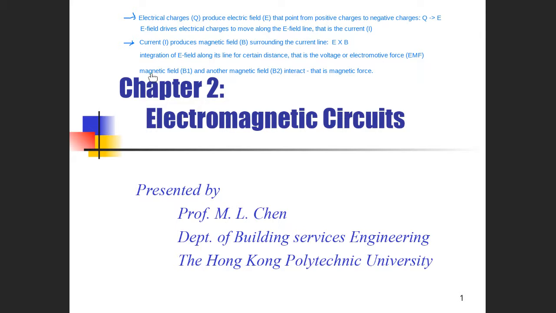Magnetic field B1 and another magnetic field B2 interact. That is the magnetic force. Combining all this knowledge together, it is not difficult for you to understand the following two principles. Remember this one. These are universal laws, with no theories behind them, just the truth.